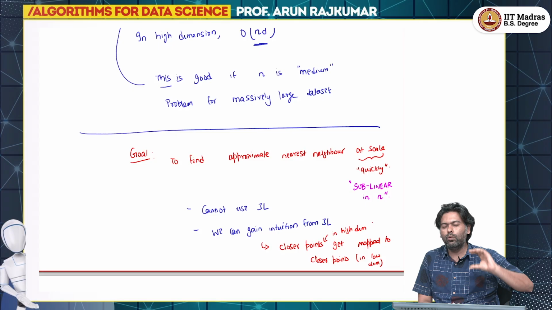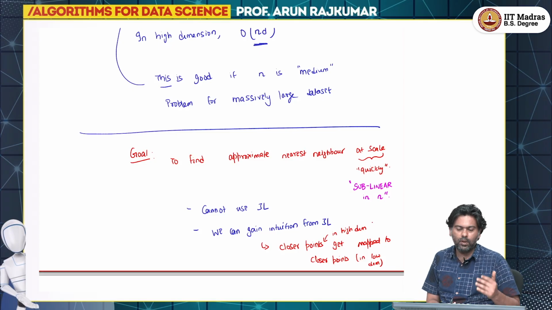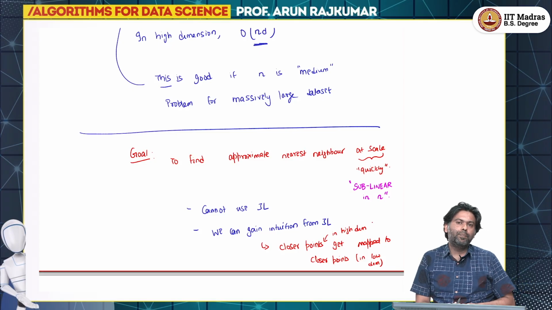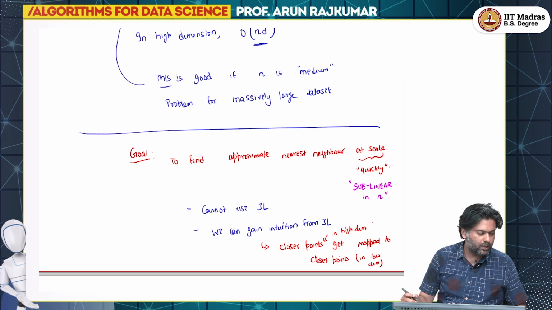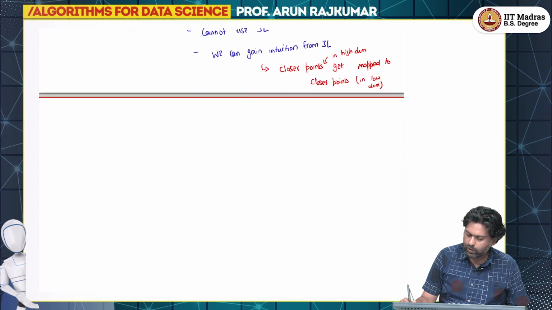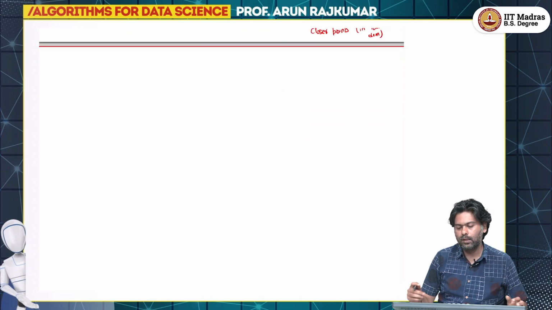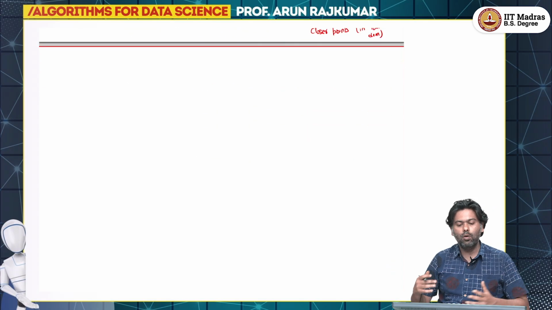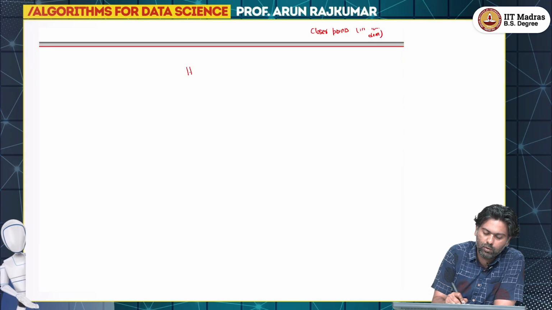directly. We will do something very, very close to JL, but in a slightly different way, right. Basically, we are going to use this computer science technique called hashing, but with a twist, right. So, what is hashing?